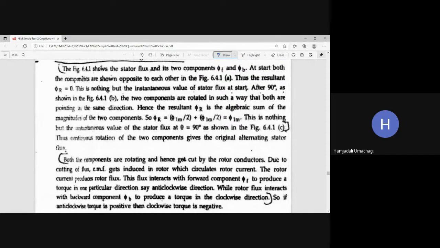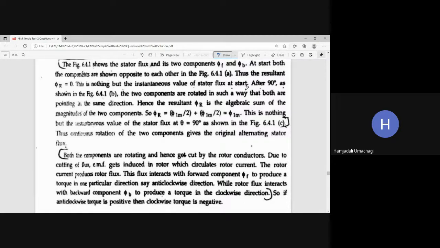Figure 6.4.1 shows the stator flux and its two components phi f and phi b. At start, both components are opposite to each other in figure 6.4.1a, so the resultant phi r equals 0. This is the instantaneous value of the stator flux at start.